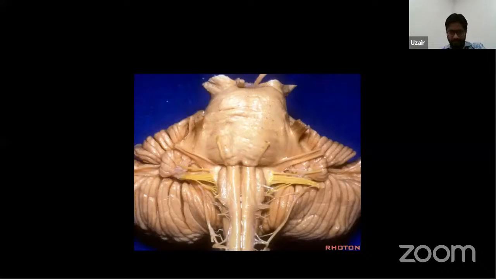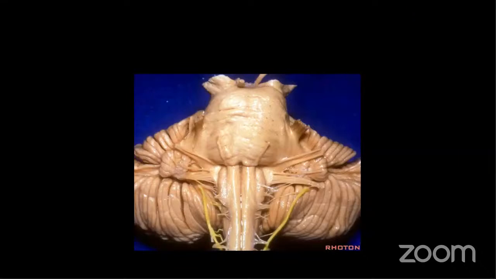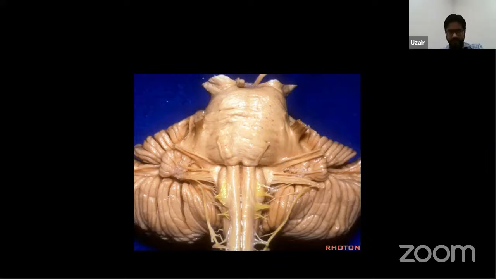Then there is the 10th cranial nerve, our vagus nerve, and then the spinal accessory nerve, which arises from the initial 5 segments of the cervical spinal cord, and then ascends upwards through the foramen magnum laterally to exit through the jugular foramen. And then we have the hypoglossal nerve rootlets arising from the other sides.